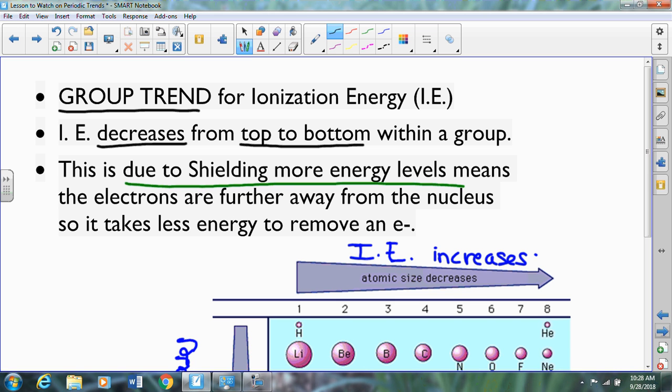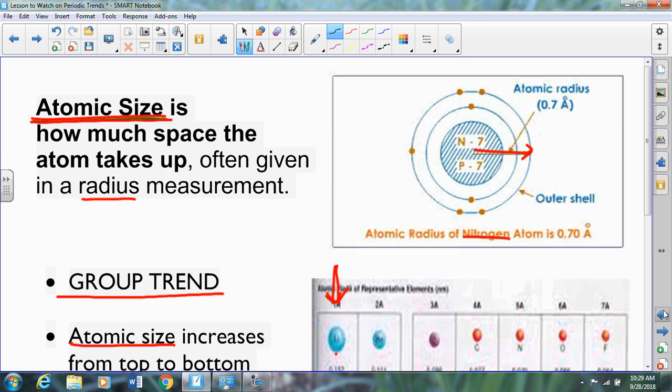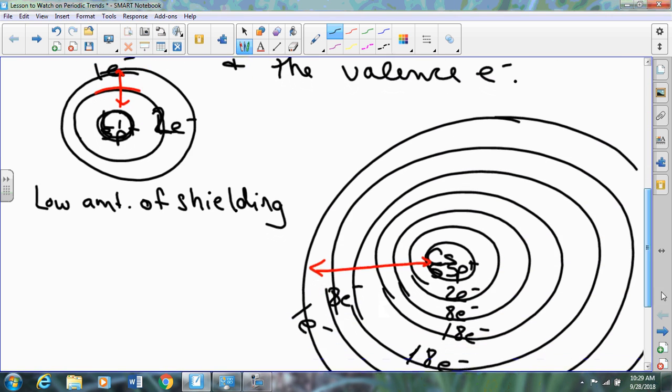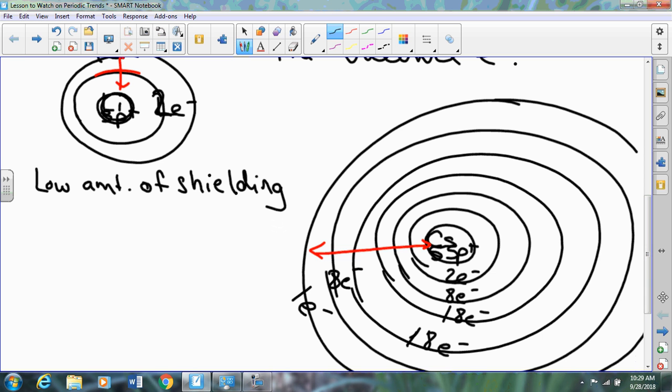This is for the same reason the size gets larger. This is due to shielding. Because if you have more energy levels, it actually takes less energy to remove that valence electron. If I go back and look at that drawing at the very beginning, you will now begin to understand that ionization energy is the energy to remove this electron.